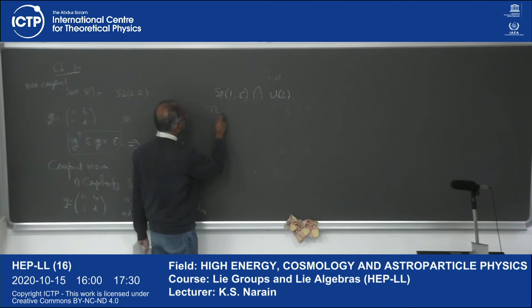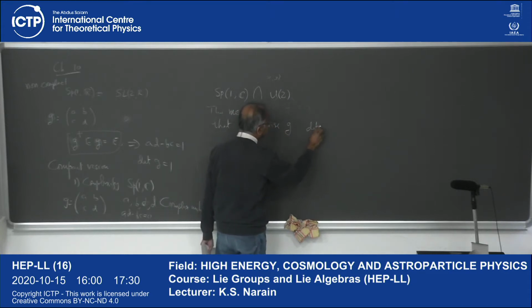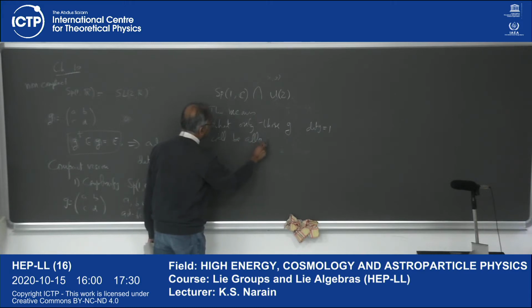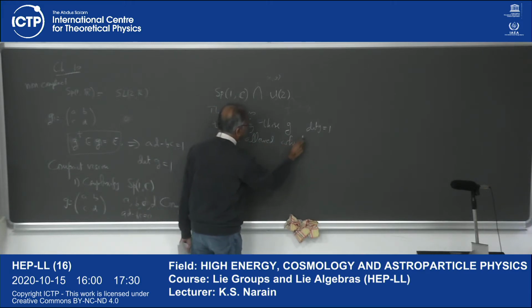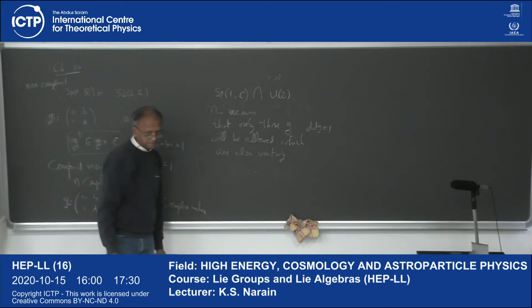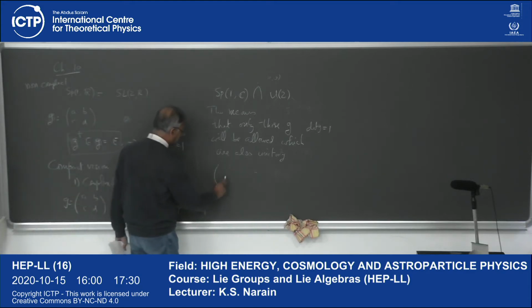So this means that only those G's with determinant of G equal to 1 will be allowed, which are also unitary. That would impose conditions.